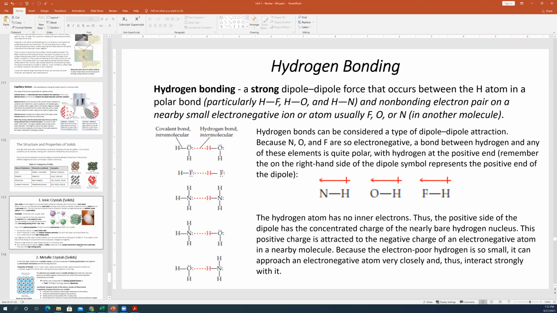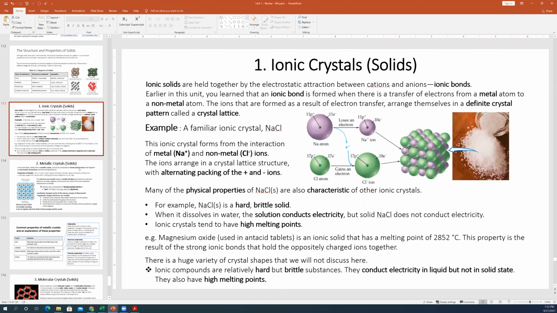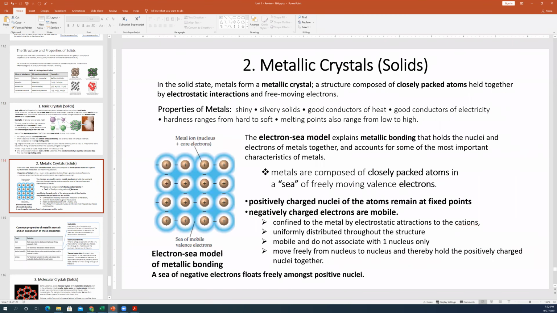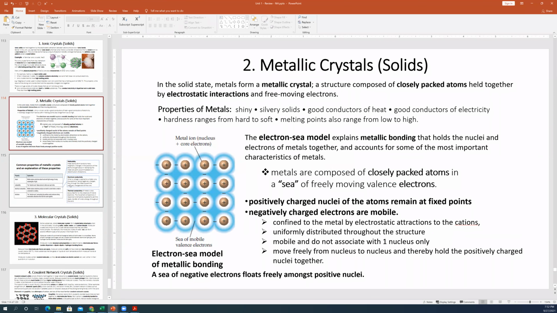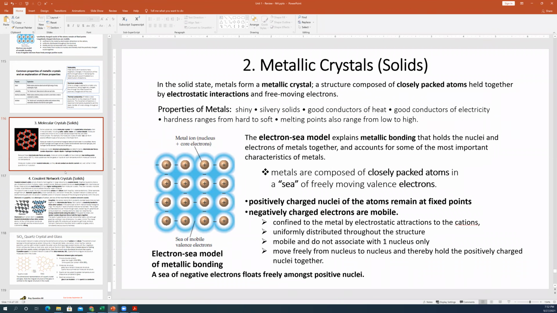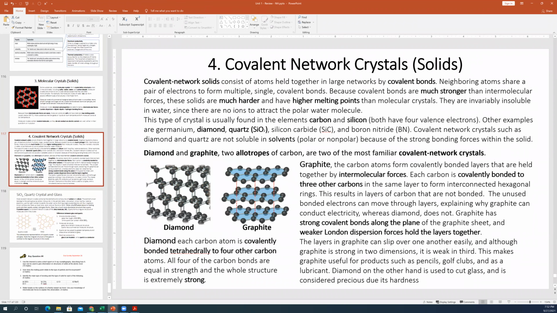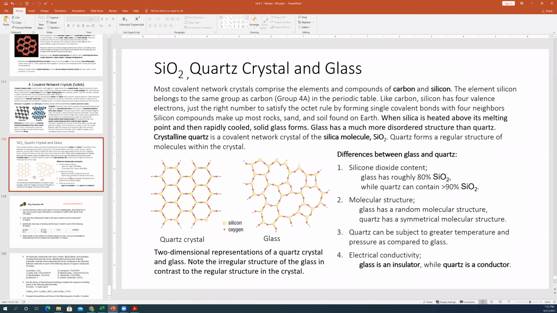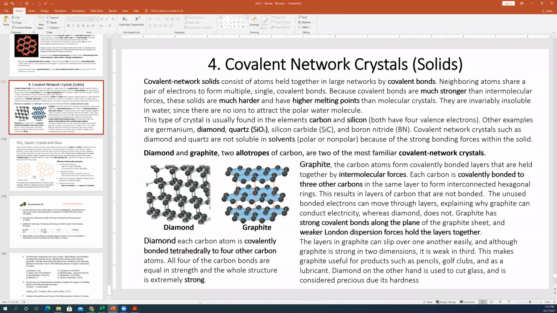So all the different types of crystals and solids we talked about, ionic solids, metallic, covalent networks, their different properties, quartz crystal versus glass, diamond versus graphite. It's all a result of their intermolecular bonds.